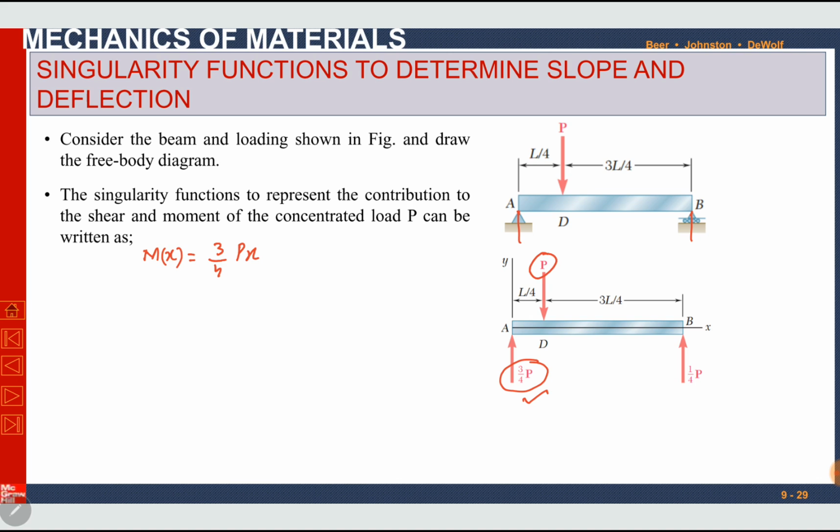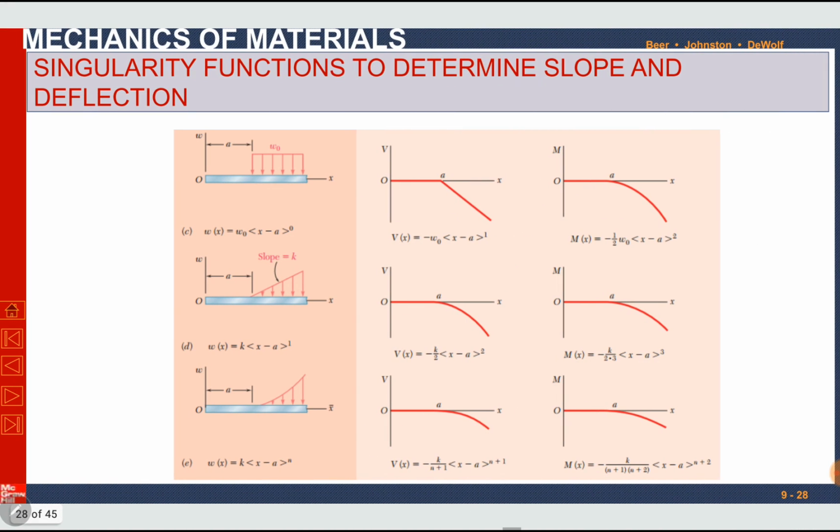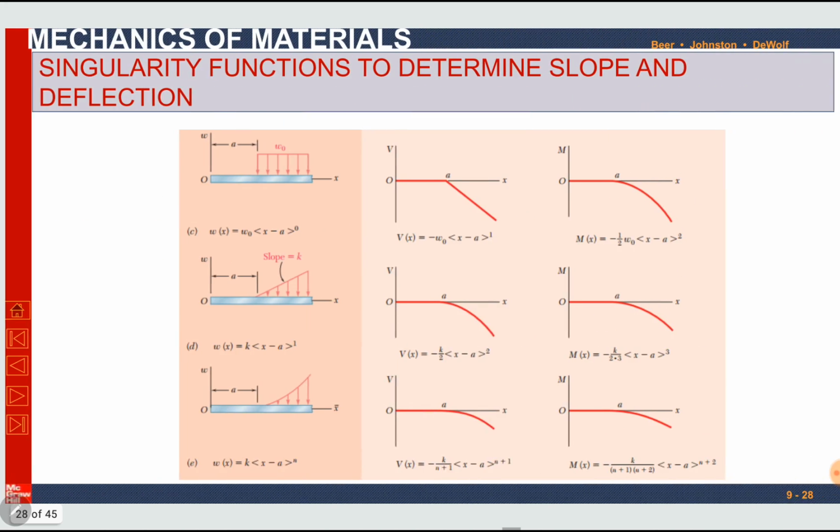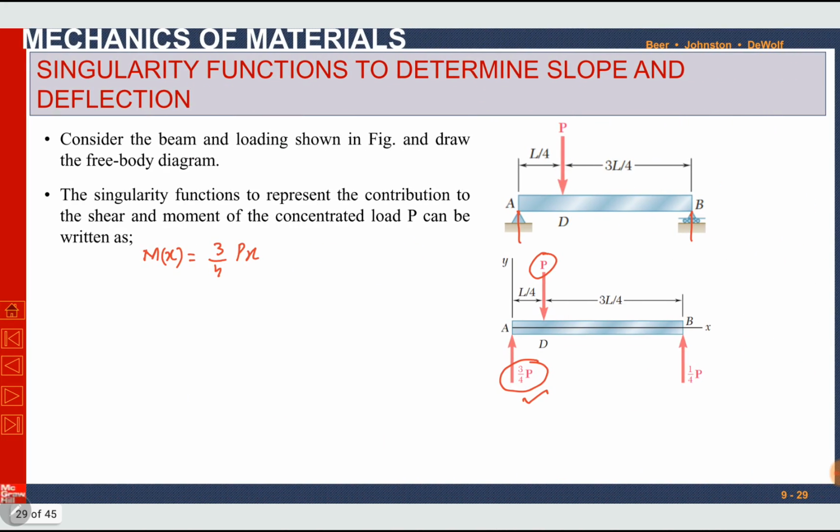For this load, it is a downward load. Our distance from the left end is L/4, so a is L/4 here. It will be minus P times x minus L/4 power 1. Okay.